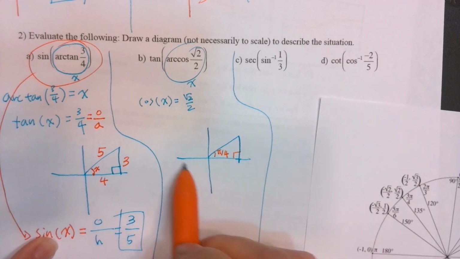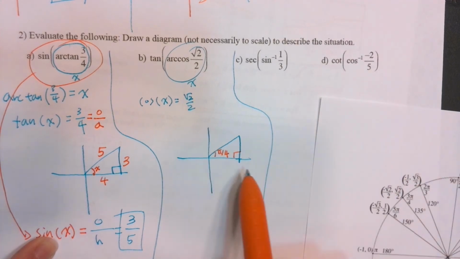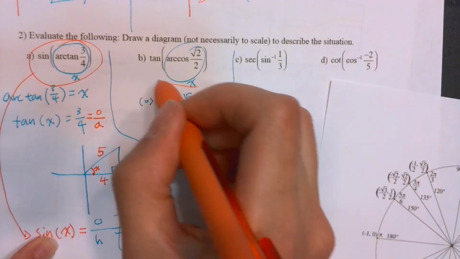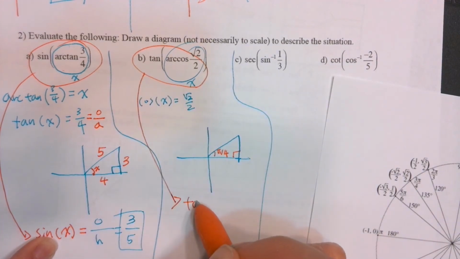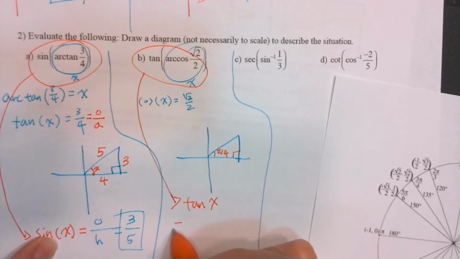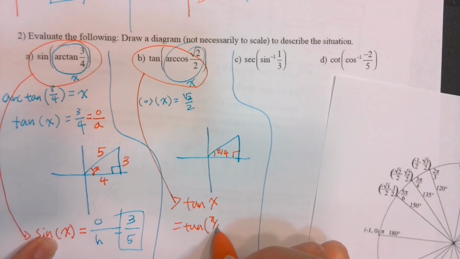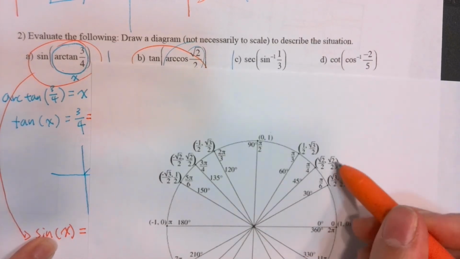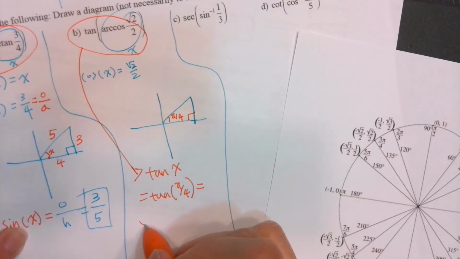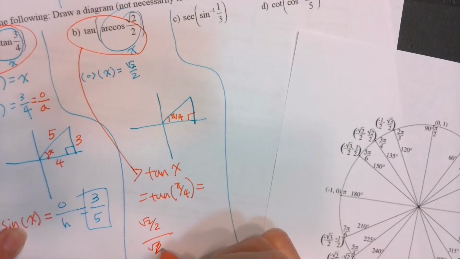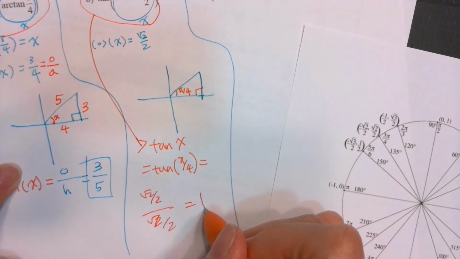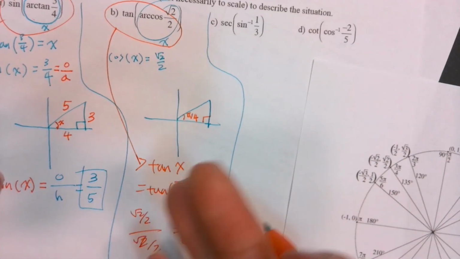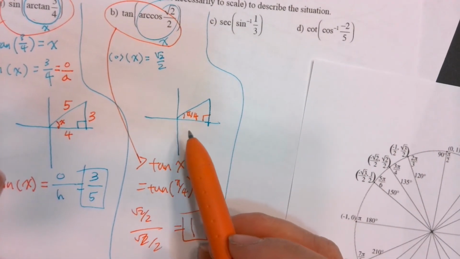I don't really need to do anything because now the question is asking me to find tangent of x, which is the same as tangent of pi over 4, which is y over x. X and y are the same value. So what is square root of 2 over 2 over square root of 2 over 2? 1. And if you did not recognize that was pi over 4, that's fine.